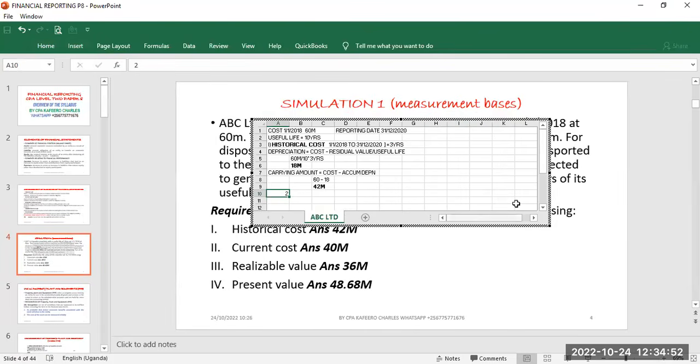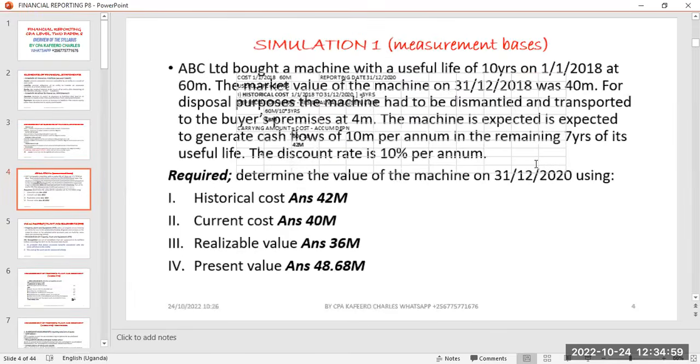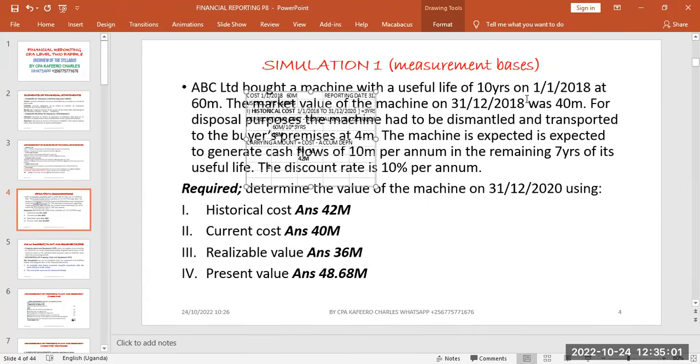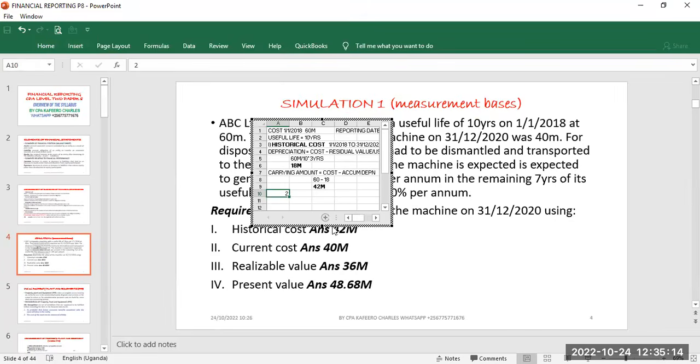Hope you can adjust that, or I can change it from here. I see this one was supposed to be 2020. So we can proceed and make sure we complete the question.